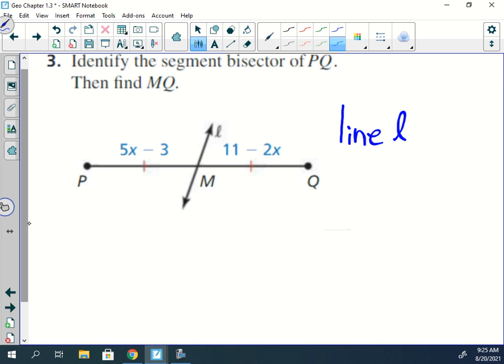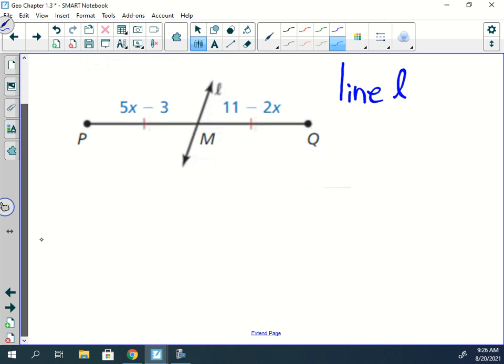Now again, if I want to find the length of MQ, I'm going to need to find the value of x so that I can plug it back in and see what the actual value is. Well, we do know the fact that point M is the midpoint, cutting this line segment in half.